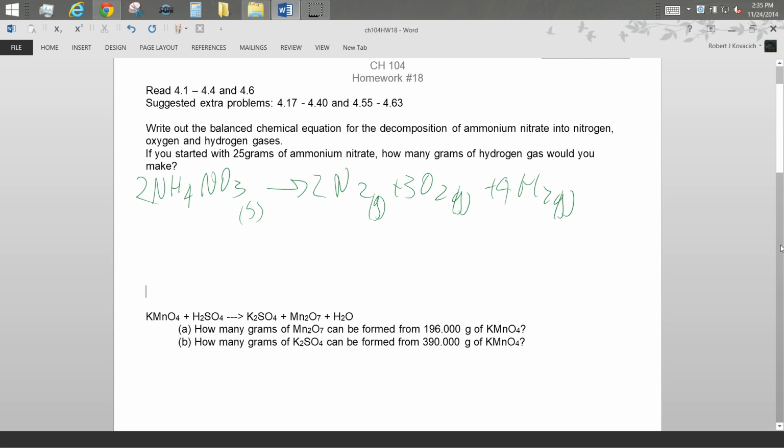So if I started off with 25 grams of the ammonium nitrate, how much of the hydrogen gas could I make? Okay. So I've got 25 grams of NH4NO3.